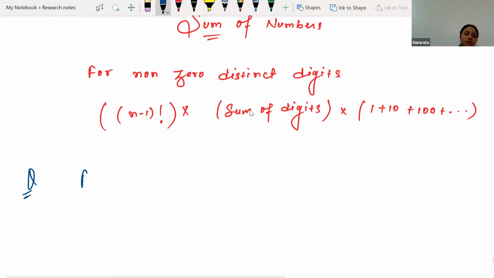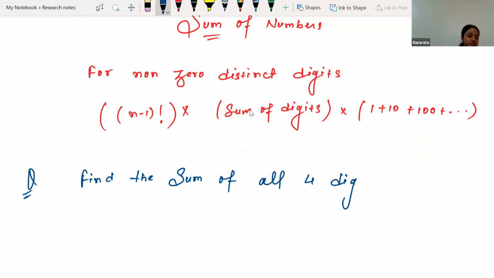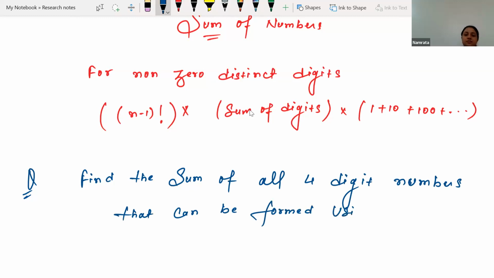Question: find the sum of all 4 digit numbers that can be formed using the digits 1, 2, 3, 4.